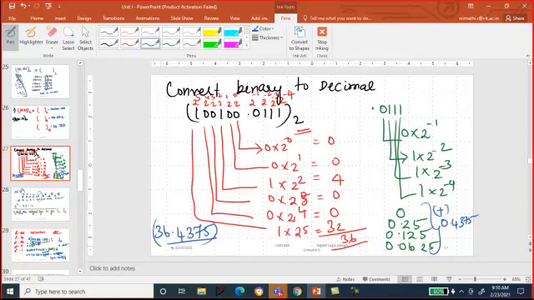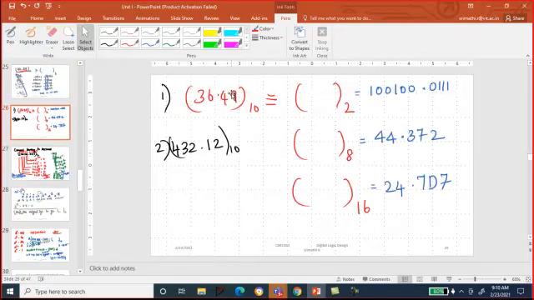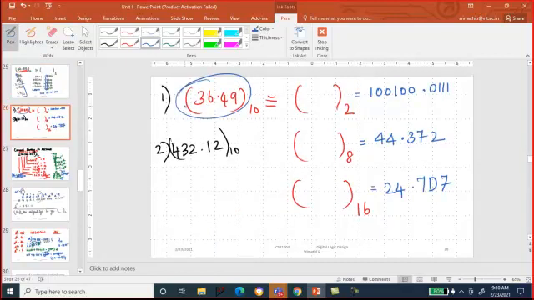This is in terms of decimal, approximately, because we have stopped at 4 decimal places.